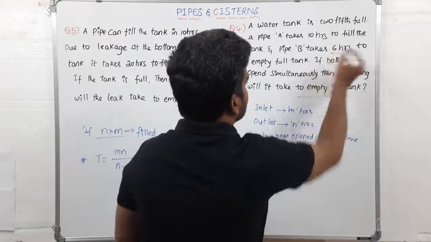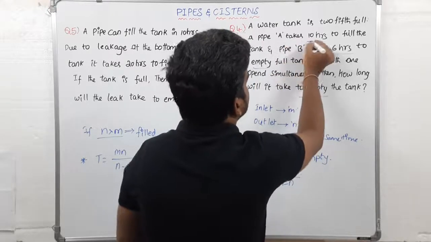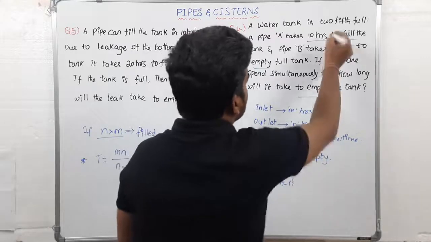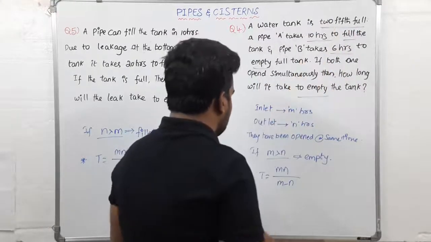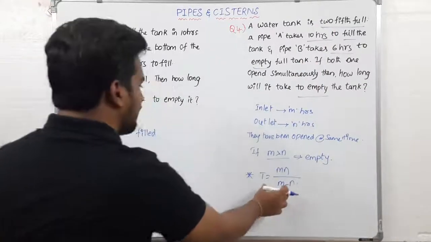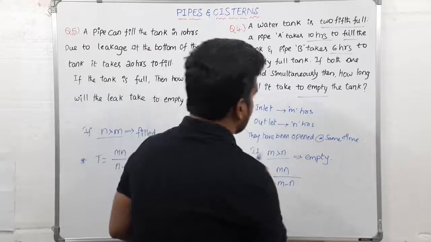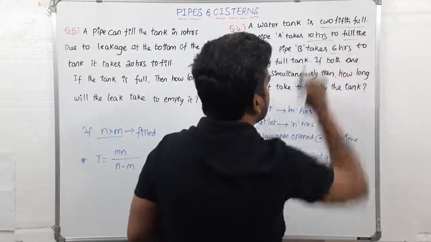The outlet pipe takes 6 hours to empty the tank, whereas the inlet pipe takes 10 hours to fill it. One more important point is that the tank is 2/5 full, not a full tank. These formulas are for 1 unit of tank, that is, a full tank.